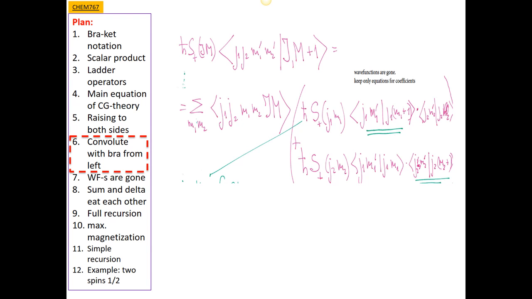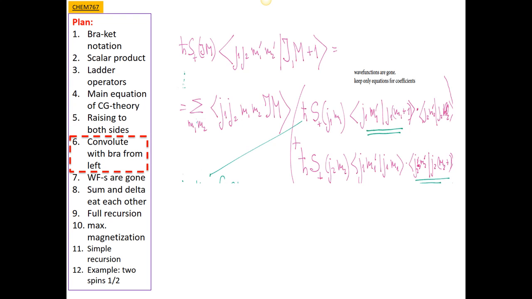For the second term, it will be opposite. M1 prime equals M1, a trivial situation, delta M1 prime comma M1.